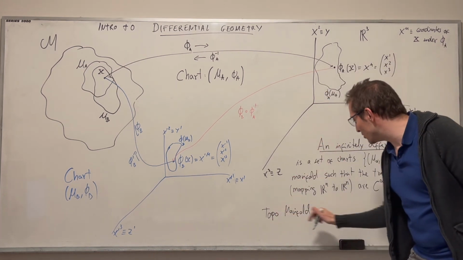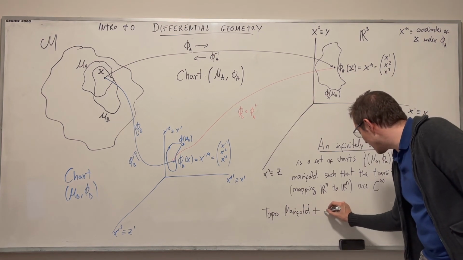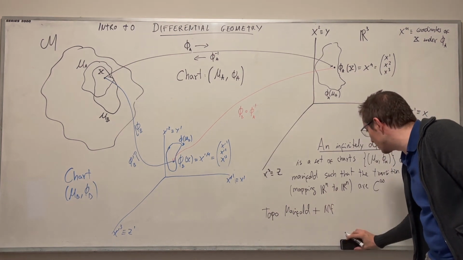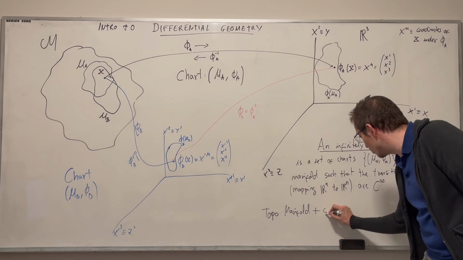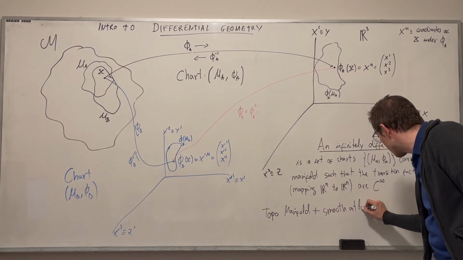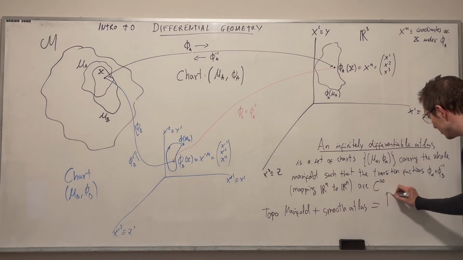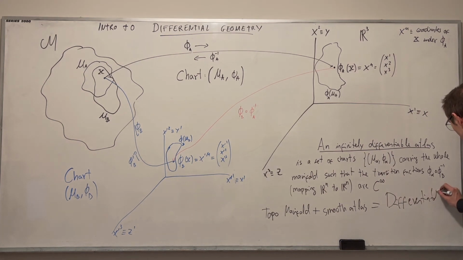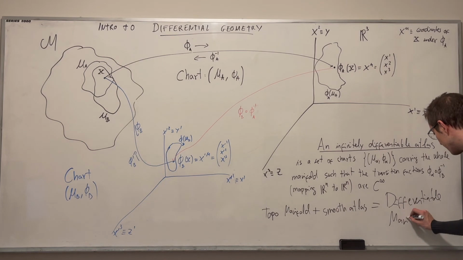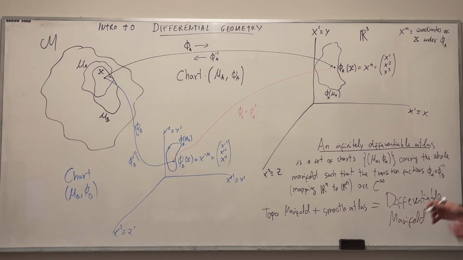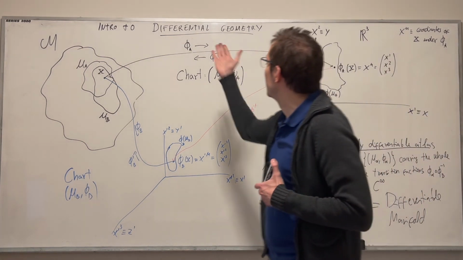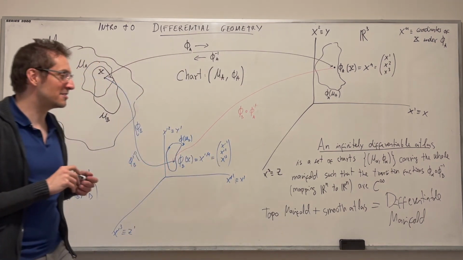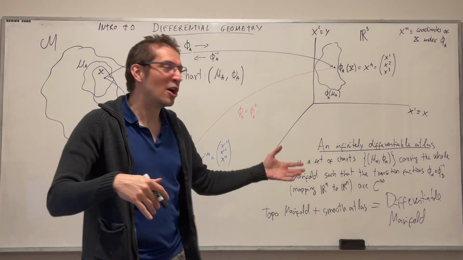A topological manifold plus a smooth atlas, let me just call it smooth because it's shorter, gives you what we call a differentiable manifold. And the structure of a differentiable manifold is what we study in differential geometry and what we use to build all the calculus.